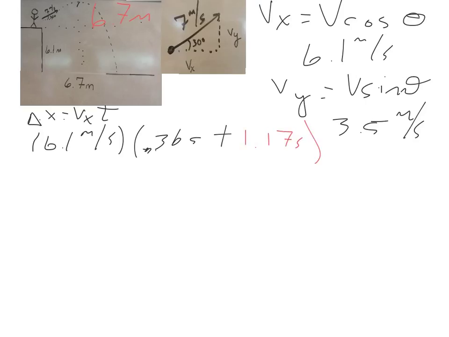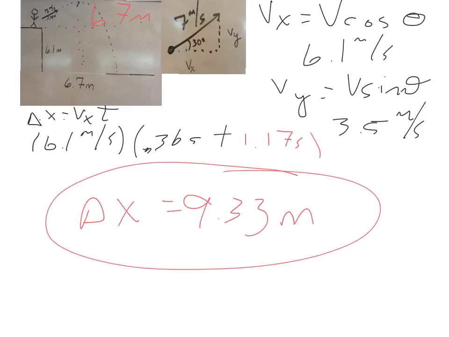And now I can go back to this equation right here and plug in my final time. So I have 0.36 plus 1.17, so my total time is actually 1.53 seconds, and I multiply that by 6.1 meters per second, and I get 9.33 meters. And again, I was wondering if that 9.33 was greater than my 6.7, and it is, so therefore he does successfully make the jump.